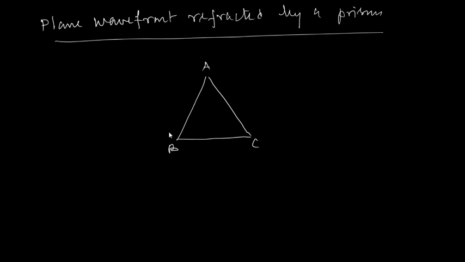Here, the wavefront, let me consider the wavefront here. The light travels like this. Now this is the incident wavefront. Let me call D, E. So DE is the incident wavefront.